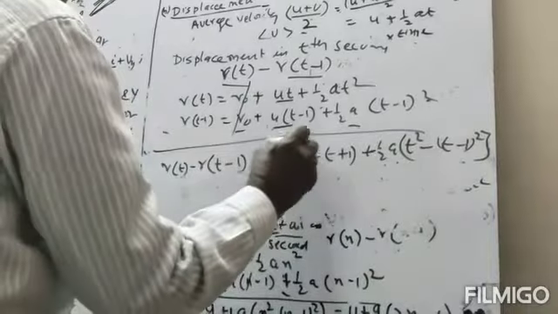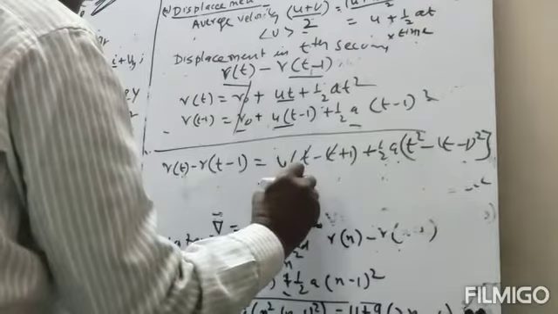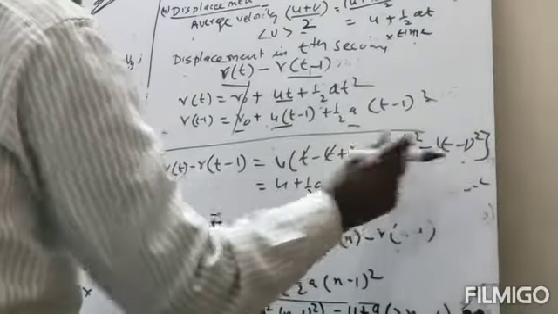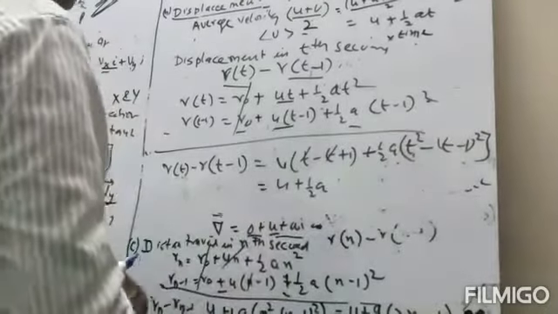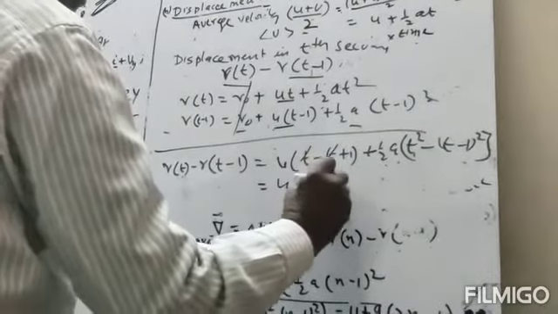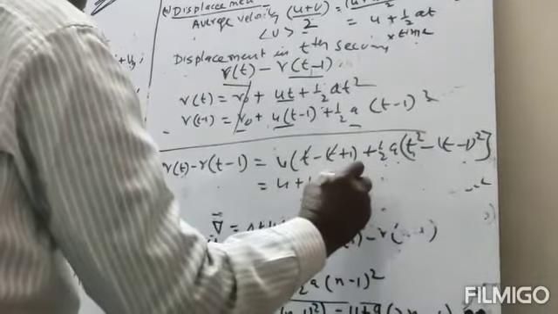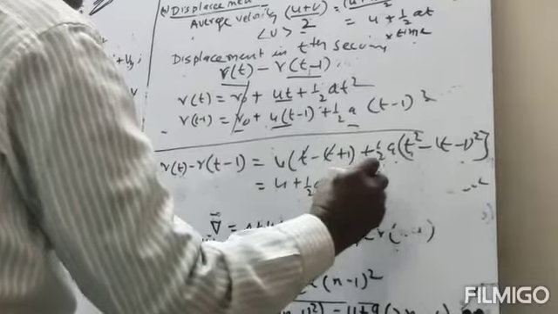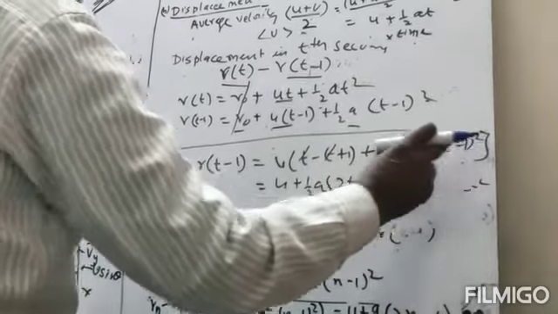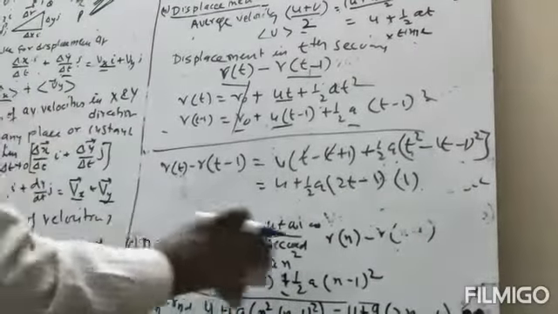So here t will cancel, leaving u plus 1 by 2 a times the difference of squares. The sum of the terms will be 2t minus 1, and the difference will be 1, as t cancels and it becomes plus 1.